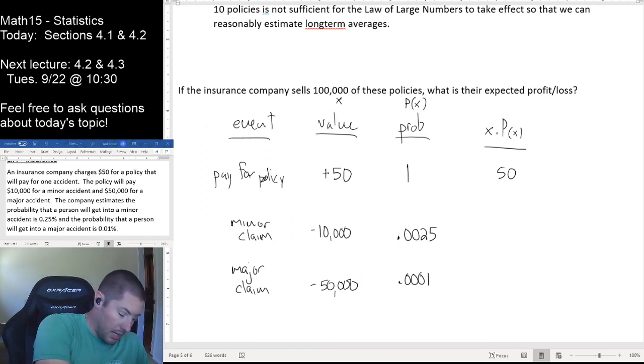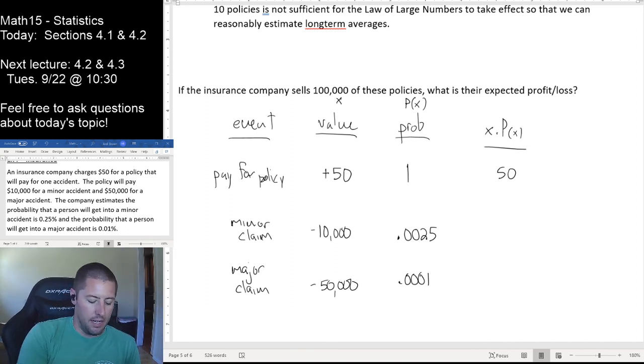And you can just double check this in your calculator here. 10,000 times 0.0025 is just giving me 25. So this is a loss of 25. And similarly, right here, negative 50,000 times 0.0001 is giving me negative 5.